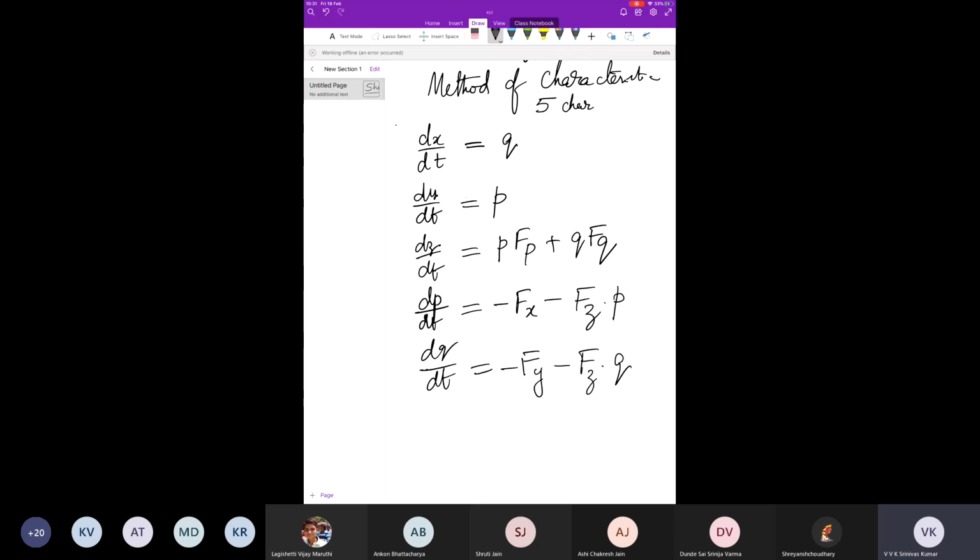So how to obtain these 5 characteristic equations? First of all, why 5 characteristic equations?